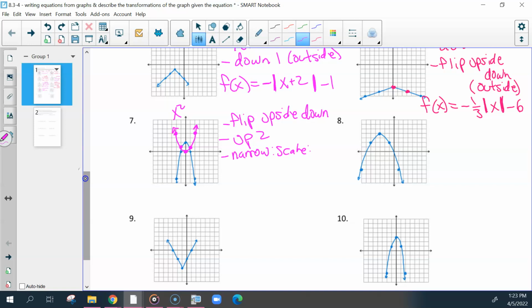Here, between the vertex and the first set of points, the difference is 2. We're going down 2. So I would say that our scale is 2, but I'm also going to look at the difference here. There's 1, 2, 3, 4, 5, 6. The difference is usually 3, but now it's at 6. So that also confirms that my scale factor is 2. I've multiplied everything by 2, basically.